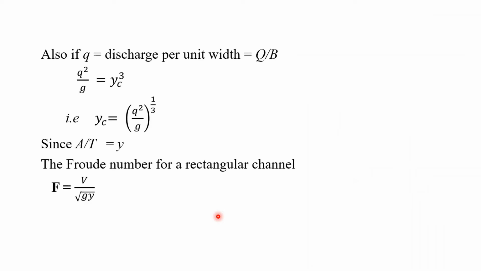Also, small q is discharge per unit width. So small q square by G will be equal to Yc cube, or Yc equals (q square by G) to the power 1 by 3. Now since A by T equals Y, the Froude number for a rectangular channel is given as F equals V by square root G into Y, where Y is the depth of flow.